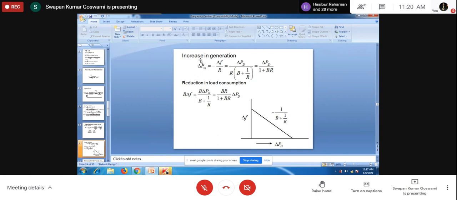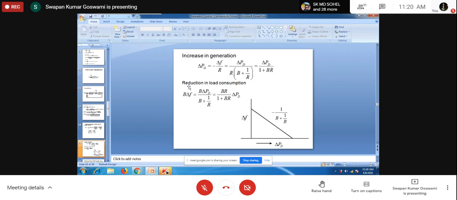As a result, in steady state, the generator is increasing its power output by delta Pg, that is delta Pd by 1 plus Br. The load is consuming somewhat less power. How much less? It is B delta F equal to Br by 1 plus Br into delta Pd.